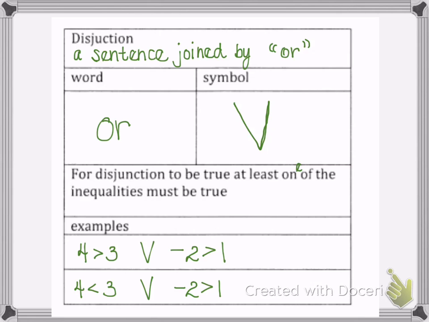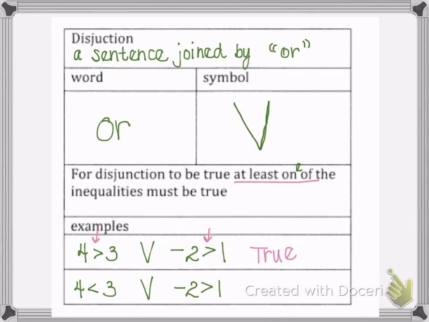So for my first example, I'm going to take a look at 4 being greater than 3 or -2 being greater than 1. Because this inequality is true, but this inequality is not true, and we only need at least one of the inequalities to be true, this example is true because that first inequality is true.